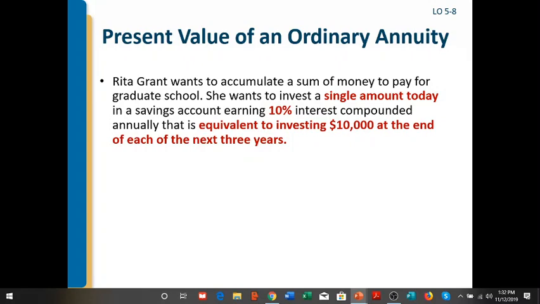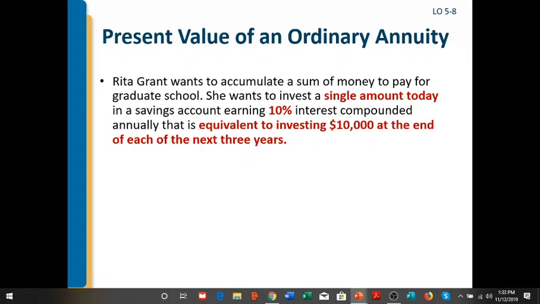Now, of course, you could work it the other way, figure out the present value of an ordinary annuity, how much you'd have to put in today to have some certain future amount. So here, same example, just a variation. She wants to accumulate a sum of money to pay for graduate school.